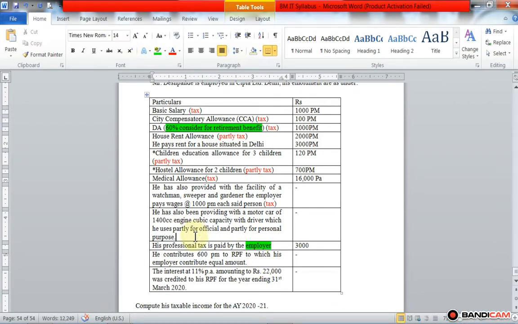Then motor car: valuation of the perquisite of motor car, and then we decide the taxable value of the motor car.